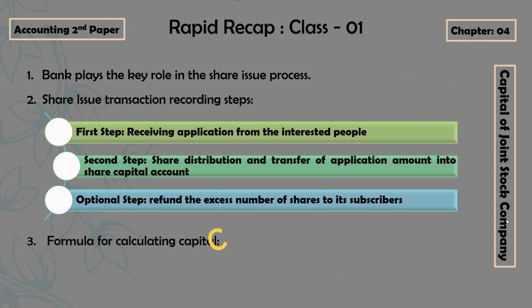This is the rapid recap of class 1. In that class we learned that the bank plays the key role in the share issue process, and we learned 3 steps required in recording share issue transactions, that is receiving applications, then distributing shares, and transferring the application amount into the capital account.